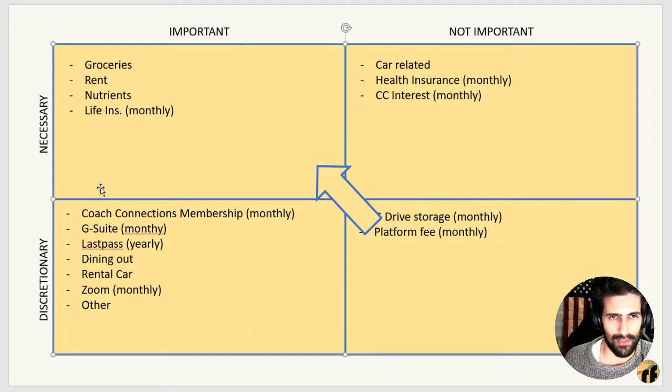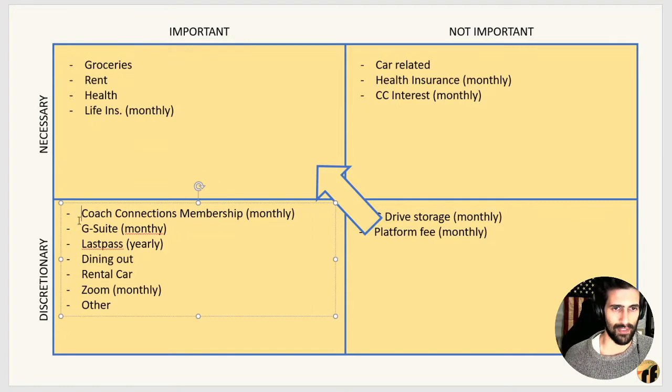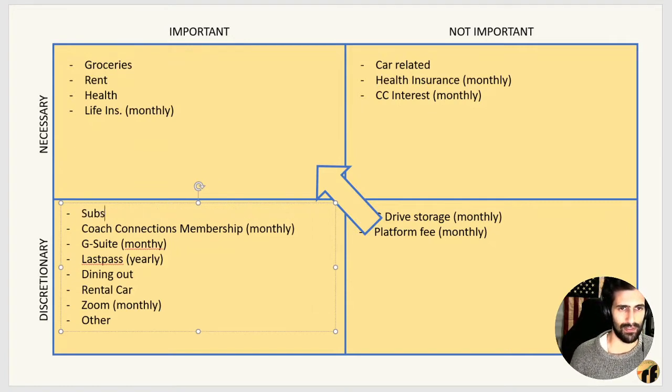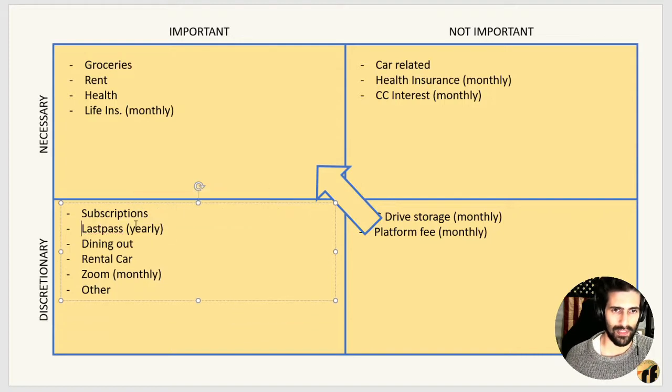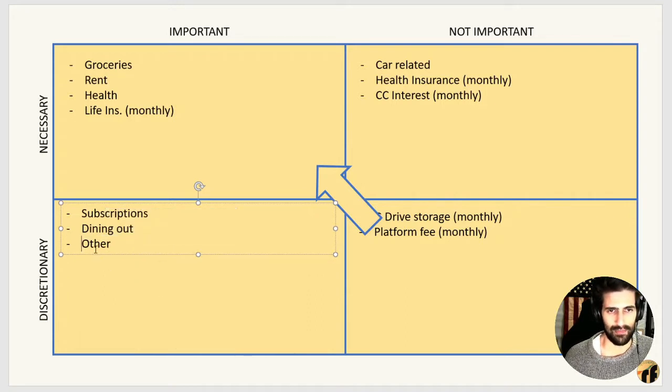And I'm looking at this now, and I feel like this can even be simplified a little bit further. Like, nutrients can be health related, because there's other things other than nutrients that I buy. Some of this stuff can be subscriptions. Right? That takes care of that one, and that one, and that one. Rental car, that could be other, that rarely happens.